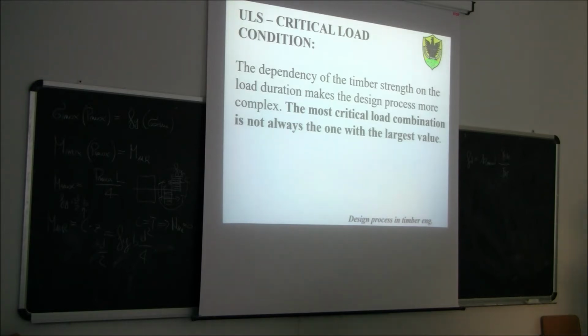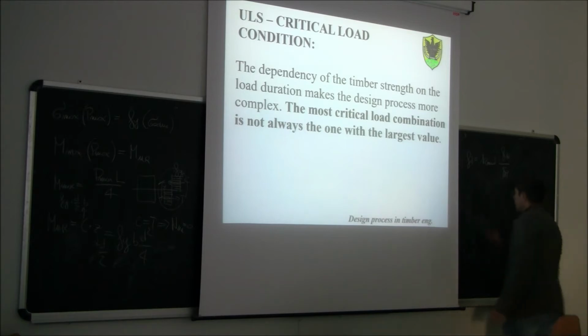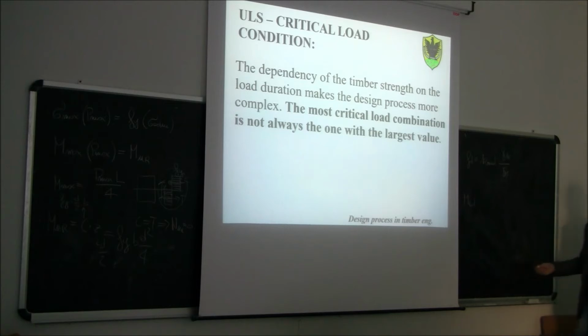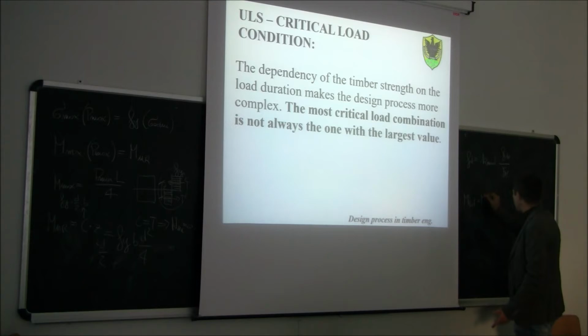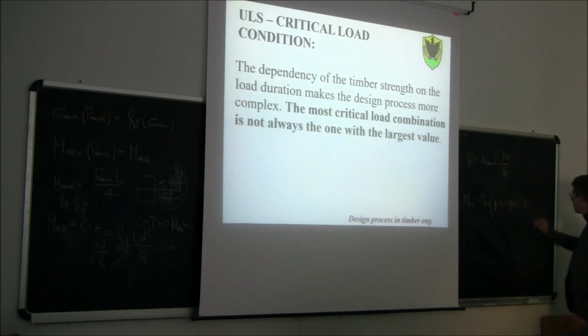So, in other words, I calculate my MED, so let's say this is the bending moment demand, which will be a function of gamma G times G plus gamma Q times Q, and this must be compared with MRD, which is W times Fk divided by gamma, times K mod.